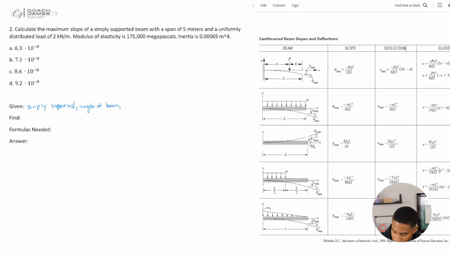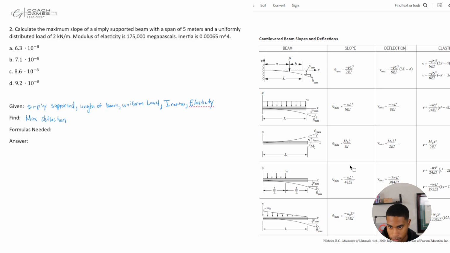We are given that there's a uniform load happening, and we got inertia and elasticity. Okay. All right. What are we trying to find? Max deflection. Okay.